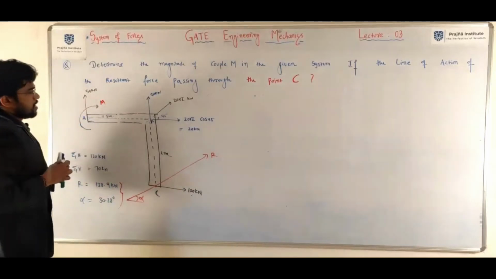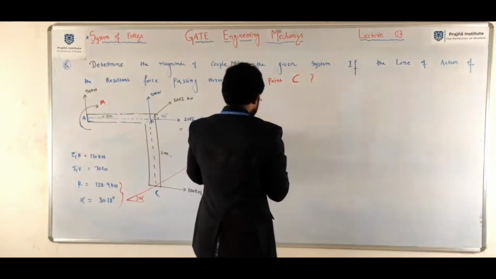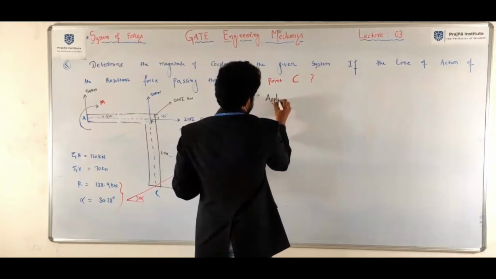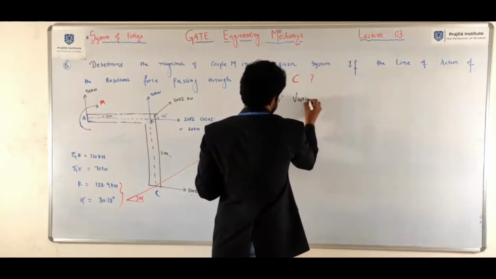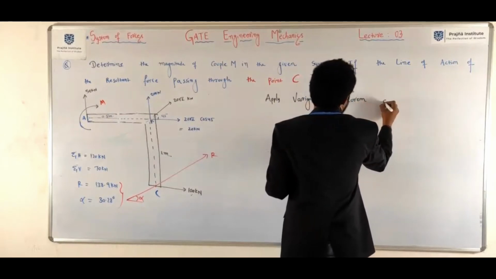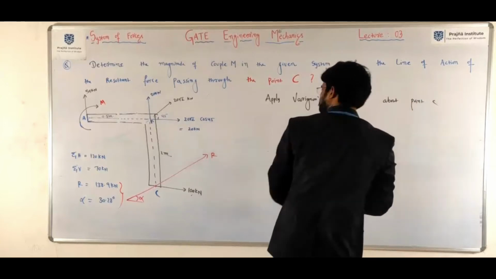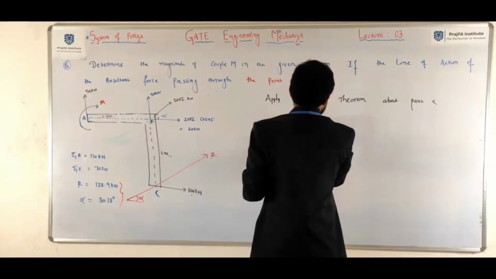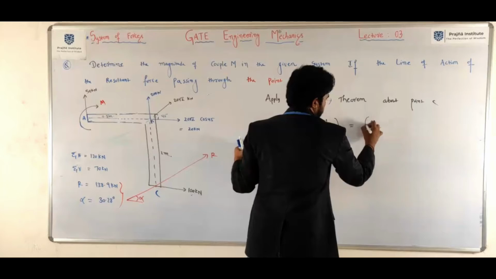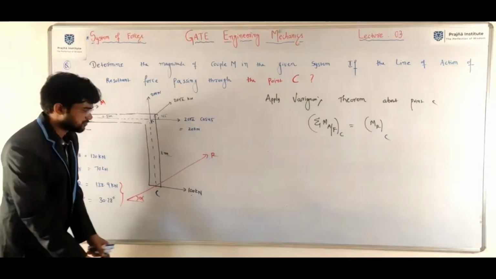Okay, now apply moment about point C. Apply Varignon's theorem about point C. Now, the algebraic sum of the moments of all the system of forces about point C is equal to the moment of the resultant force about the same point C. Now, we started from 100, na.